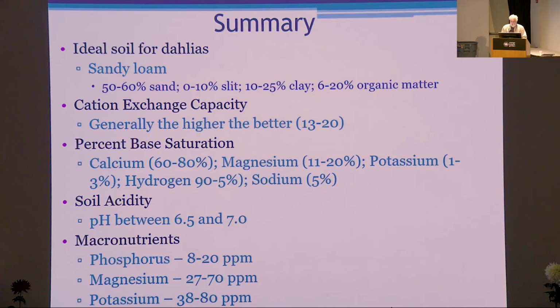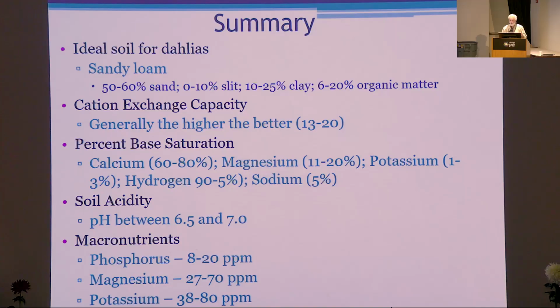The cation exchange capacity, the higher the better. The percent base saturation, this is the thing you should look at to try to make sure that your calcium, magnesium, and potassium are falling into that desired range. The soil acidity, again, 6.5 to 7.5, I think you're going to be fine, particularly if you have a very high organic content of your soil.